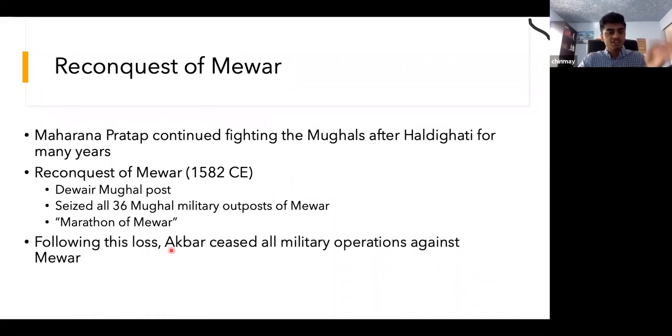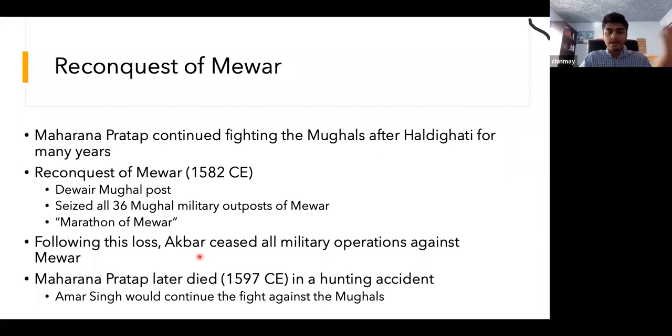Following this Mughal loss at the hands of Maharana Pratap, when he seized all these 36 Mughal military outposts and retook Mewar, Akbar ceased all military operations against Mewar. He stopped all invasions and all military attacks against Mewar due to Maharana Pratap's seizing of these outposts and reclaiming Mewar.